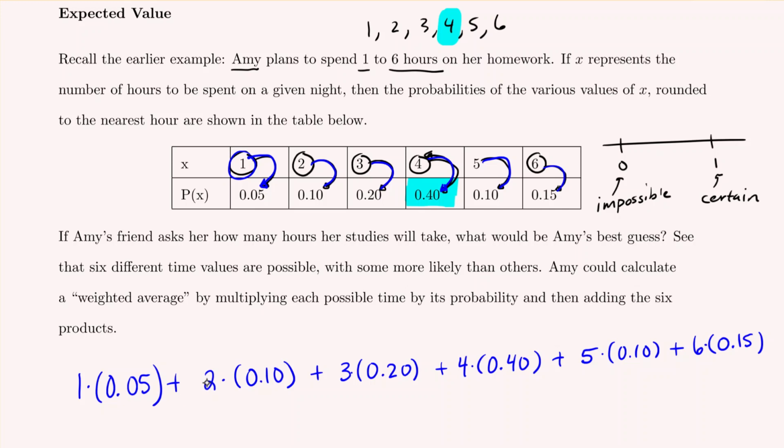And now we just need to carefully multiply and add these together in our calculator, and the result will be the expected amount of time she would spend studying.